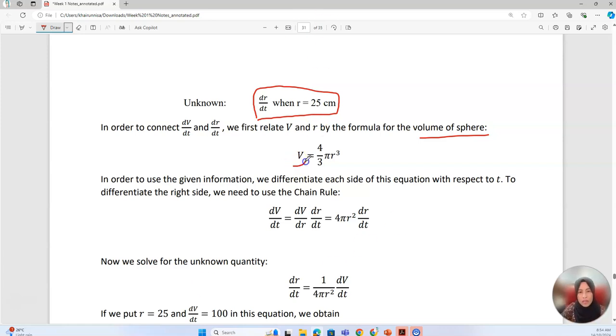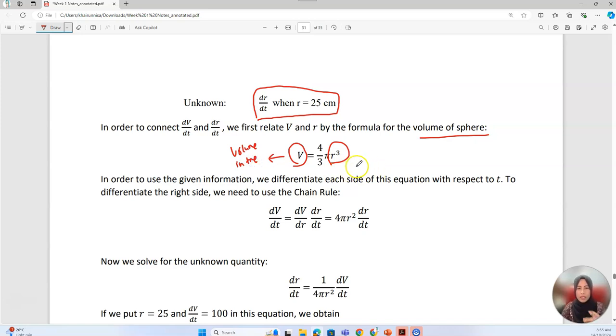The V here, if you look at the formula of the sphere, depends on the value of r. And there's no t here, because if it's not changing with time, the volume of the sphere is constant when r is equivalent to something. But now the volume is changing with time.